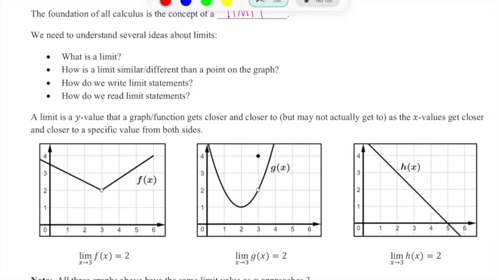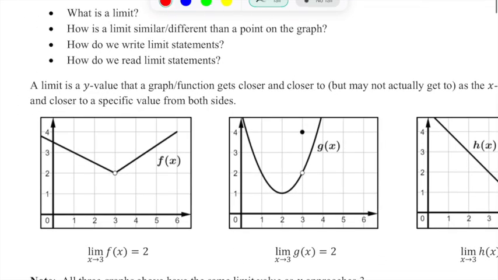For example, if we look at this first section, this is saying what is the limit as x gets closer to 3. So here's your x-axis. And as we approach 3, what is the y value doing of the function? And here it says that it's equaling 2.